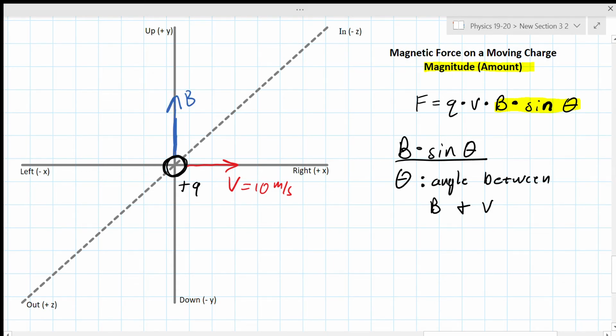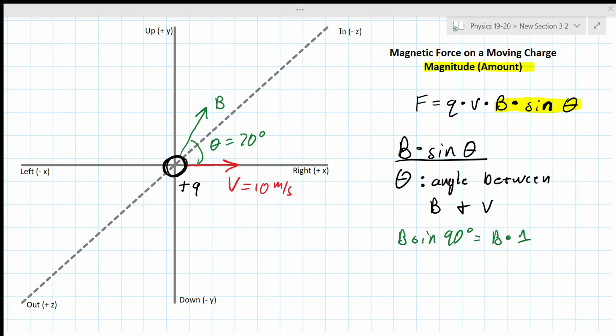All right. In this case, the angle between B and V is 90 degrees, and B sine of 90 degrees is going to be B times 1. The sine of 90 degrees is 1. This is the angle that maximizes the force on the charge. If the angle is less than 90, let's say that we had B here at an angle of maybe 70 degrees.